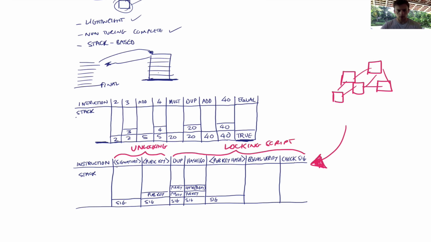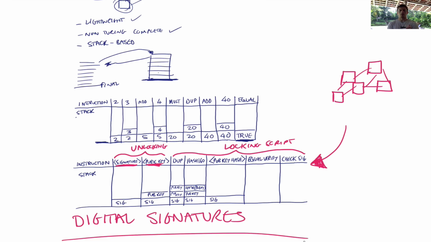And I'm going to go into this in the next video, because the question is how do we ensure that only Bob, for example, can spend the transaction outputs that have been assigned to him, and the answer is using digital signatures, right? That is going to be the subject of the next video.